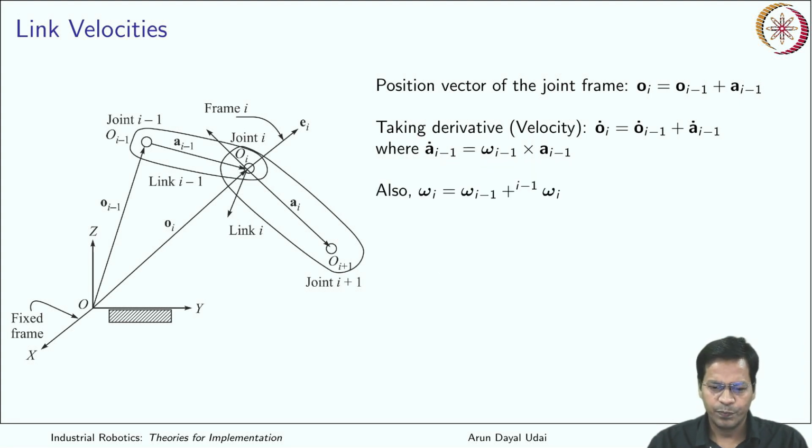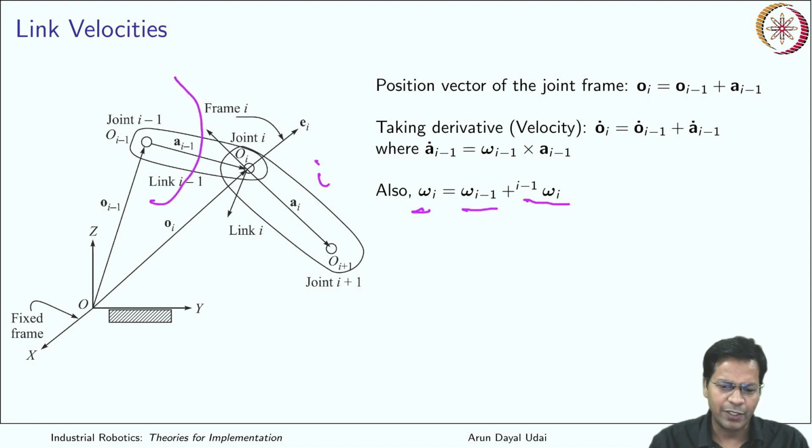And also you have omega i is equal to omega i-1 plus i-1 omega i. What does it mean? This link, the ith link, is riding upon a link which itself is rotating by some angular velocity.